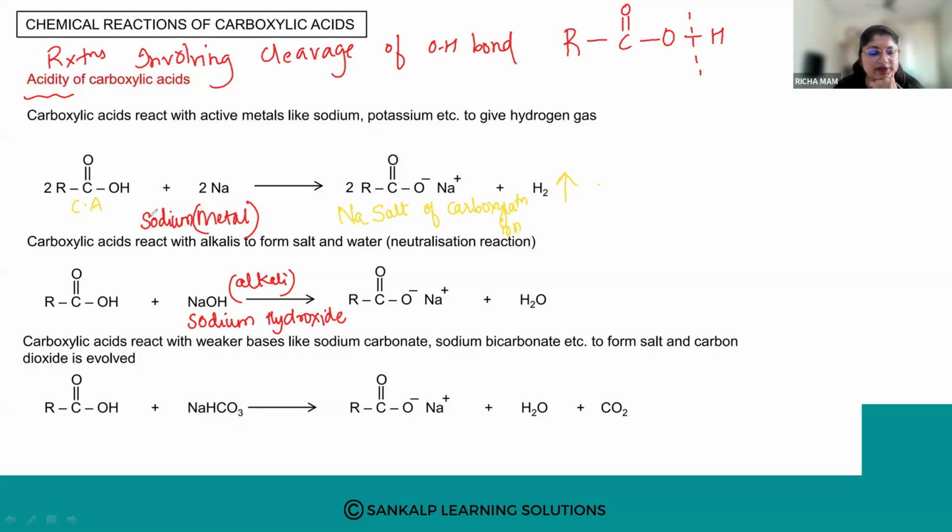Electropositive metals like sodium give the sodium salt of the carboxylate ion, and hydrogen gas is liberated. When hydrogen gas is liberated, this confirms that the carboxylic acid is acidic in nature.